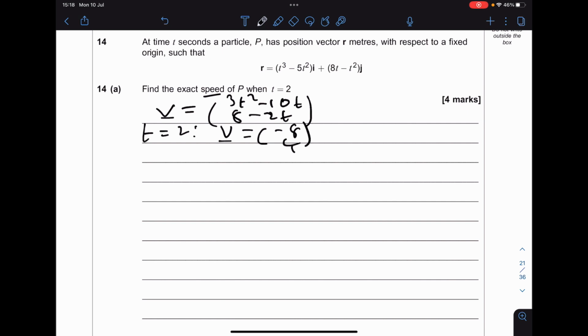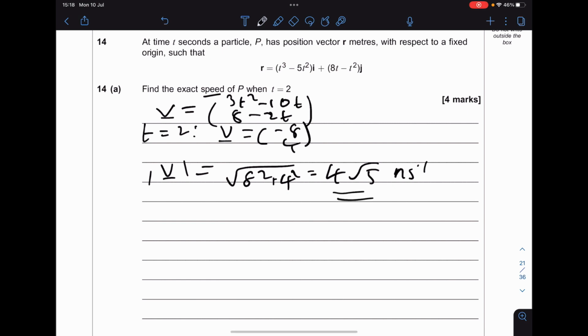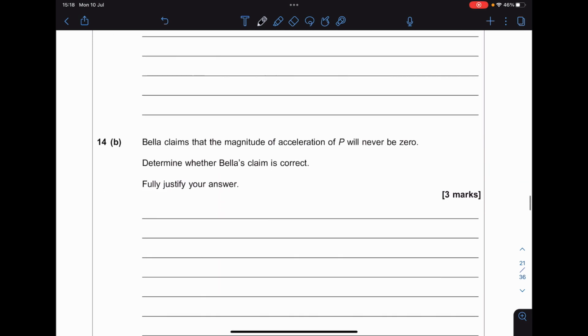But we want the speed, so we need to find the modulus of that vector. You can do a quick diagram, or you can just do 8 squared plus 4 squared, which is 64 and 16, which is 80, which is 4√5 meters per second. I know I'm doing these in my head. I really apologise if I do make any errors.